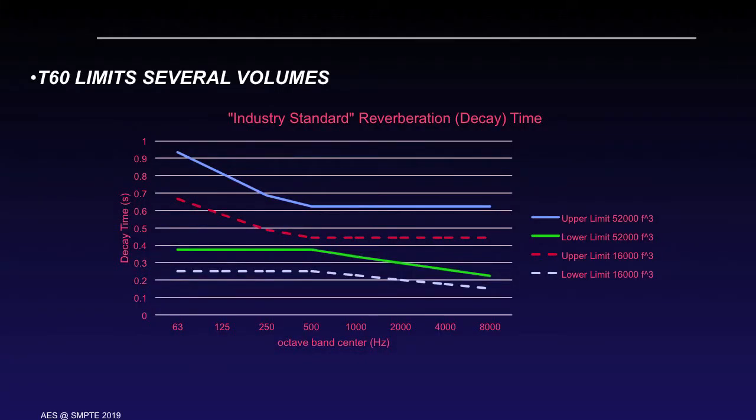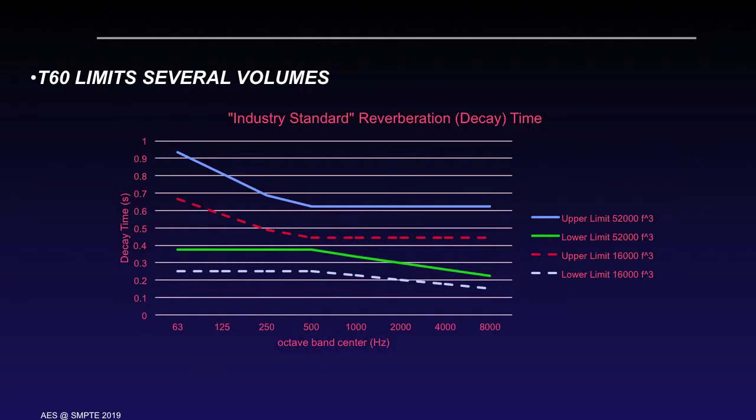And finally, there are some industry standards for the level of reverberation in a room. For the larger room, we have the solid lines as the limits for the reverberation based on room volume, and the dotted lines are for a smaller room, okay?